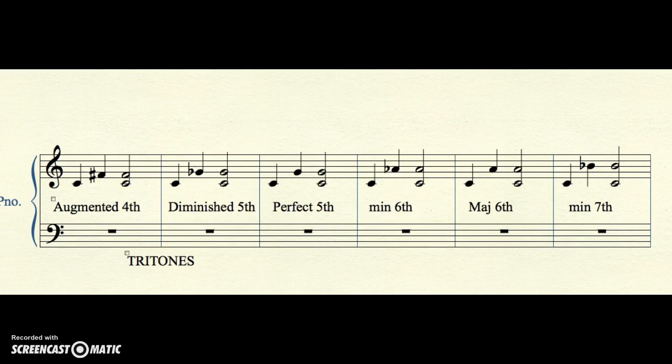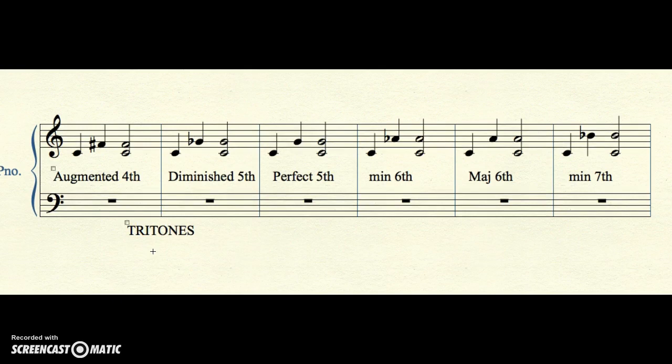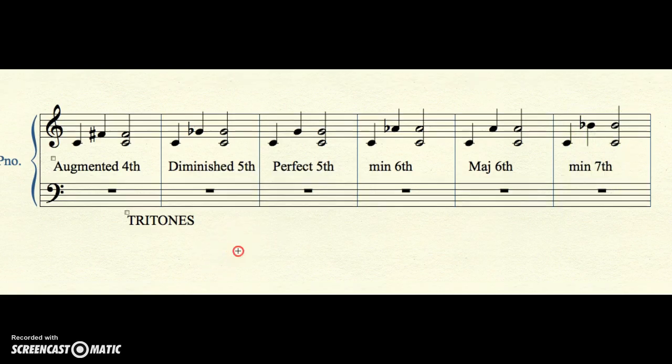Very nice. Okay, so now we're going to move on to the minor seventh and then next to the major seventh. First, we'll listen to the minor seventh. The minor seventh is our next dissonant interval. Here we go. So you hear it does clash quite a bit.